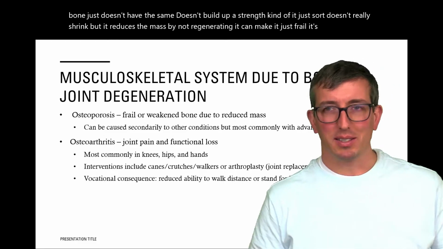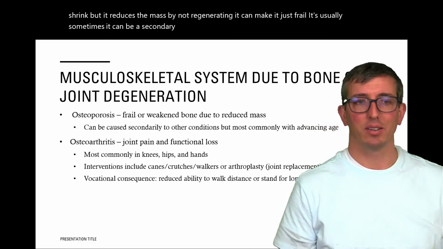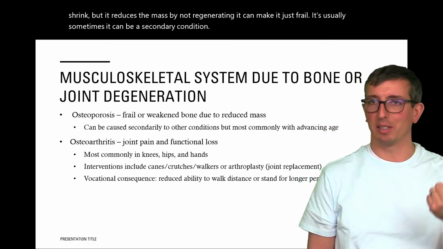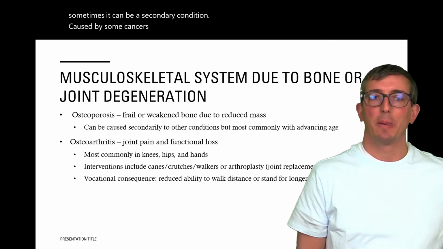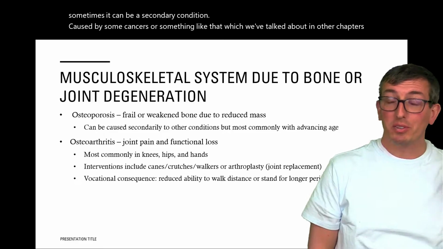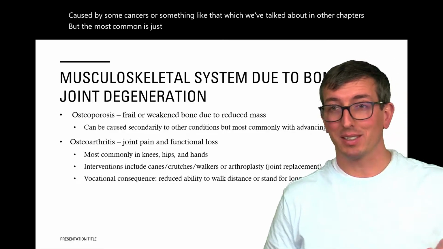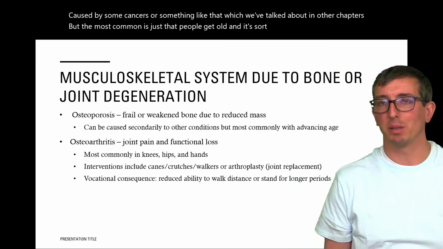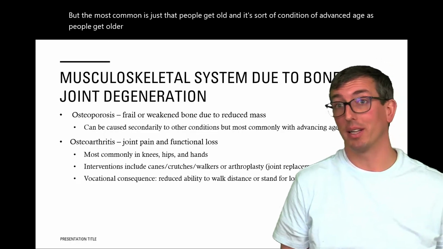Sometimes it can be a secondary condition caused by some cancers, which we've talked about in other chapters. But the most common cause is just that people get old, and their bones don't regenerate like they used to.